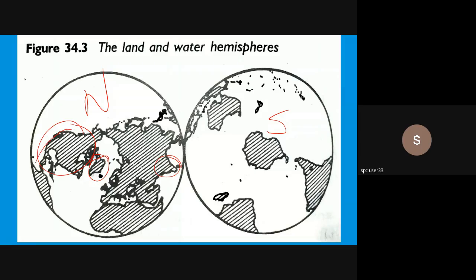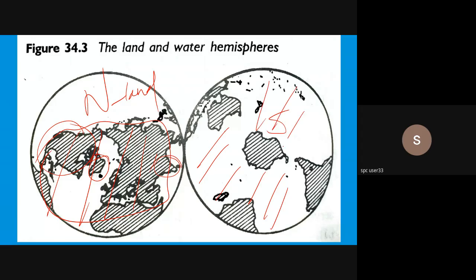So you'll see that you have a lot of land surfaces in the northern hemisphere, making it called the land hemisphere. And as far as the southern hemisphere is concerned, only the southern tip of Africa, Australia, and the southern part of the South American continent, with the Antarctic continent in the center, make a lot of water available to us. And that's why this is called the water hemisphere.